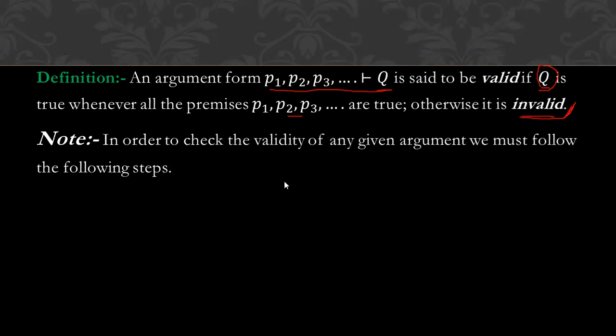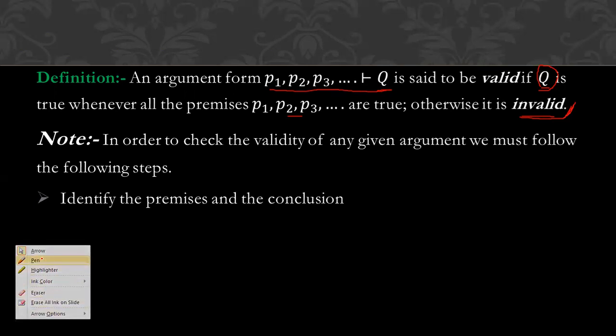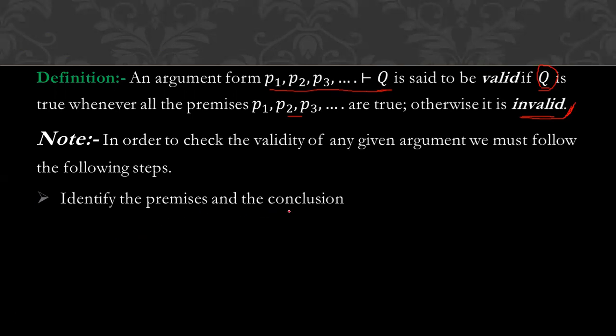Another important thing is that in order to check the validity, or whether the given argument is valid or invalid, we have to follow these steps. The first step is to identify which statements are the premises and which is the conclusion.